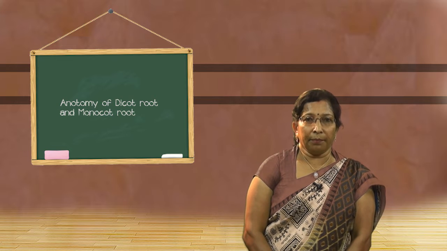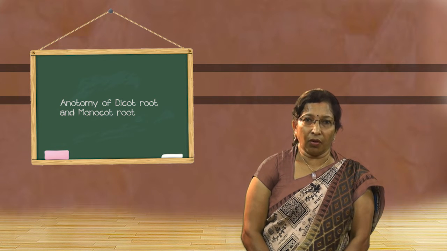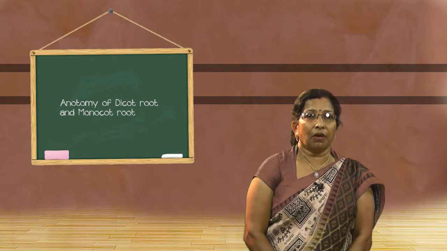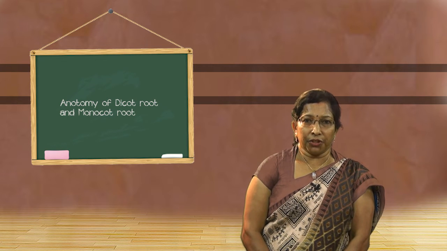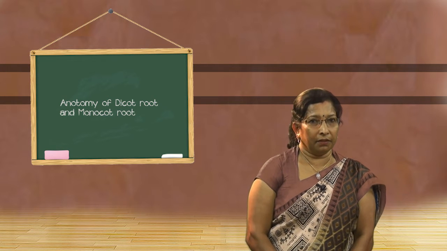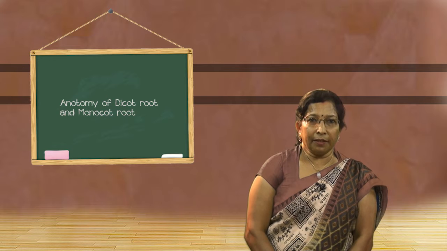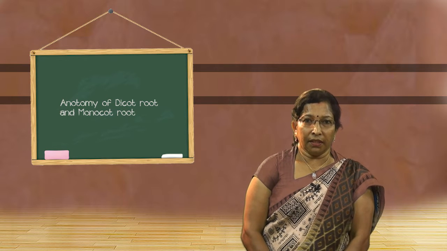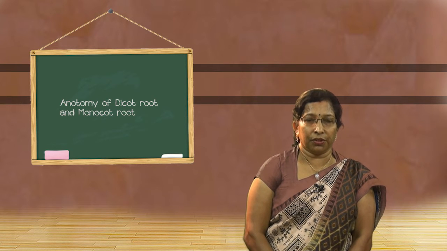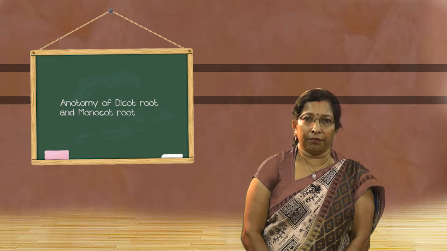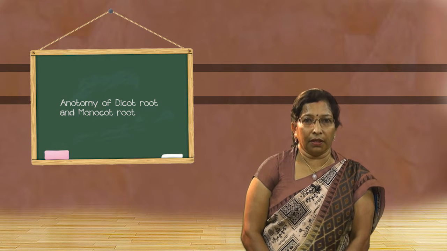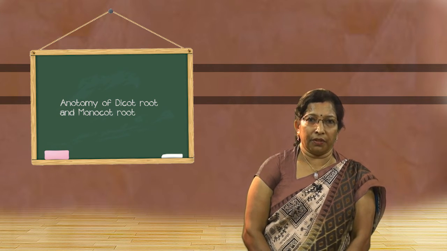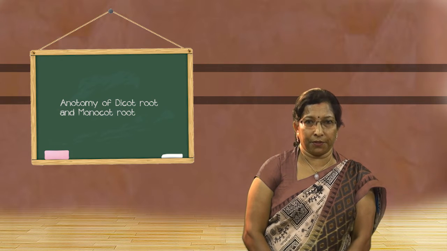Between xylem and phloem there is a non-vascular tissue called conjunctive tissue, and this conjunctive tissue helps in secondary growth. The centralmost region of the stele is called pith, and pith is made up of simple parenchymatous cells where the cells are polygonal in shape and arranged with a lot of intercellular space.